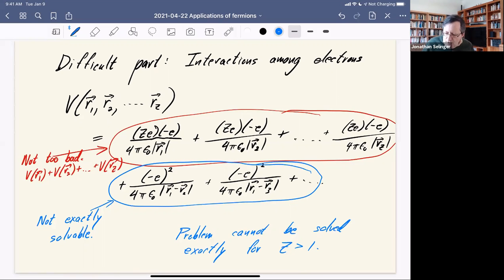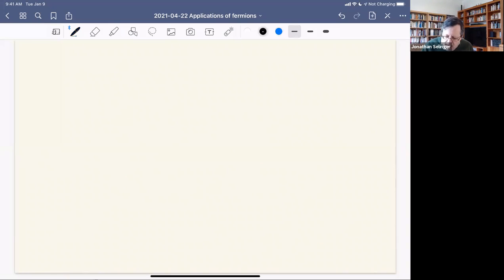But still, people want to know the answer. People want to be able to describe other kinds of atoms besides hydrogen. And so for that reason, there are various approximation schemes. There are lots of ways to say, even if we can't solve things exactly, what sort of approximations can we make?